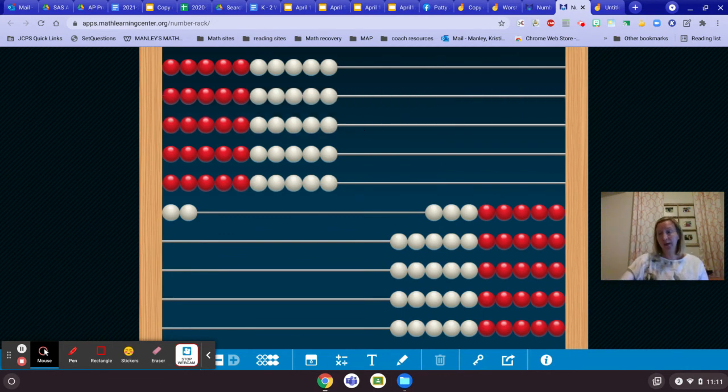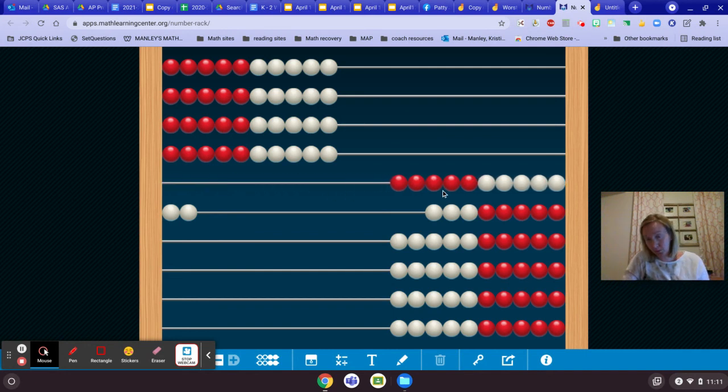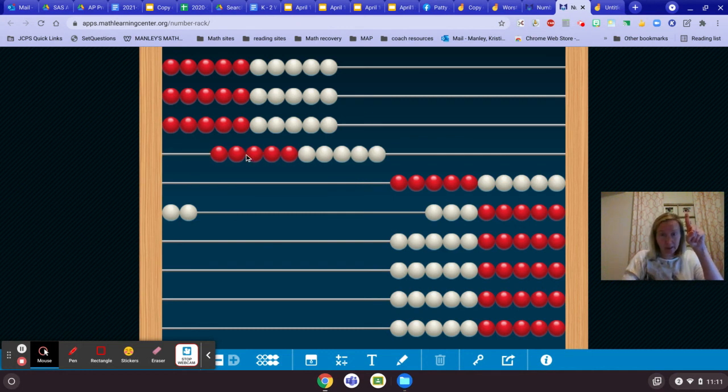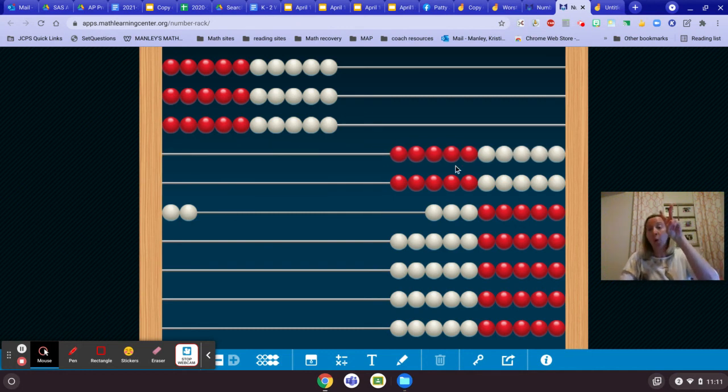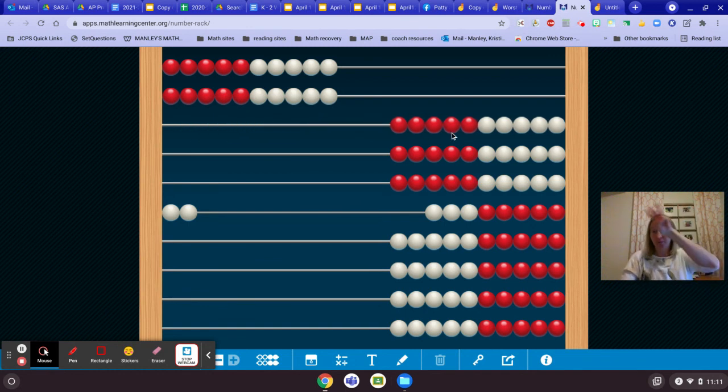We have 52 and we want to take away 30. We can do jumps back. If we have 52 and we take one group of 10 away, we're now at 42. That's one jump. Then 32, 2 jumps, and then 22, that's 3 jumps.